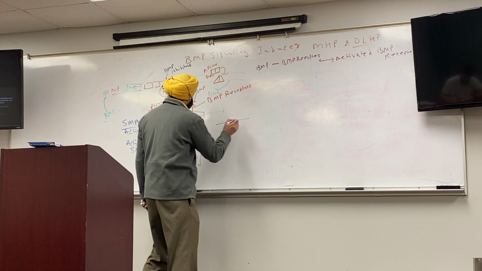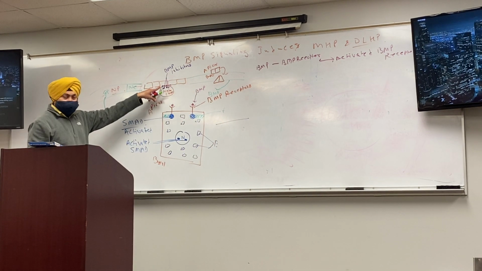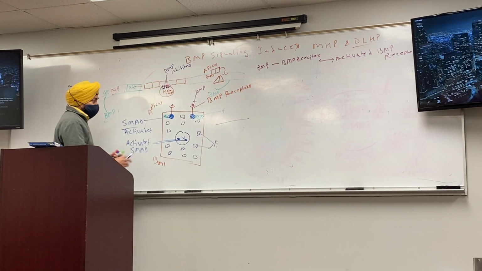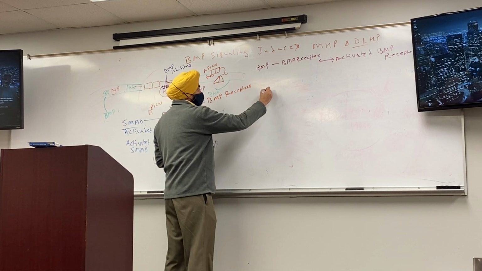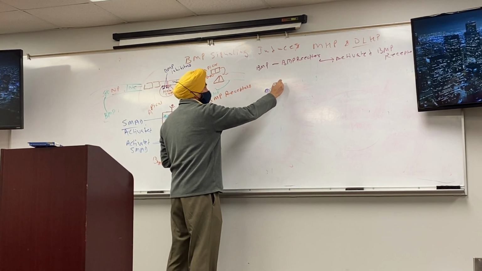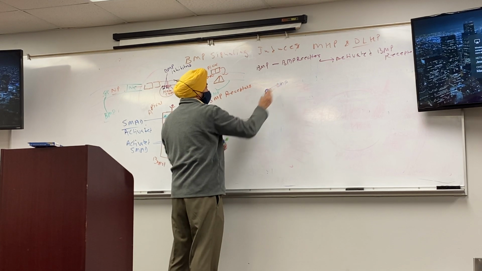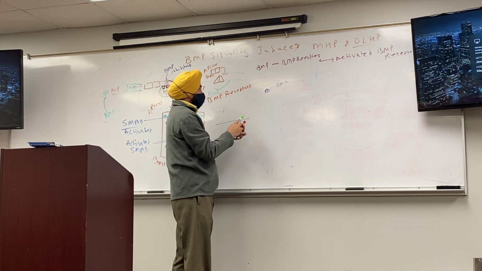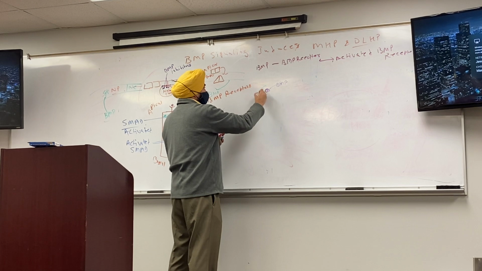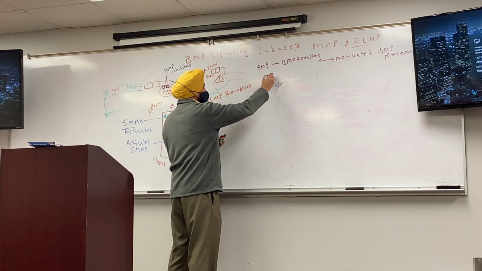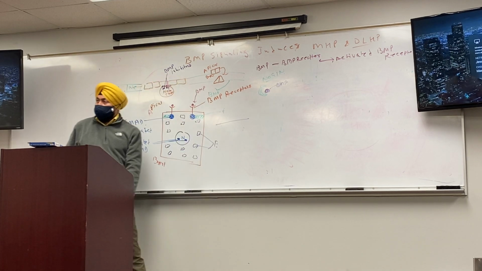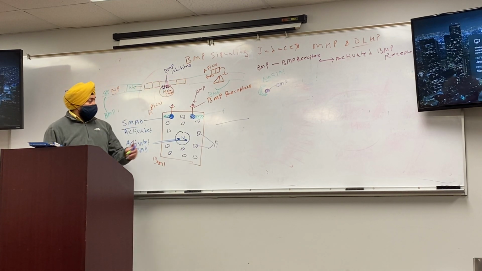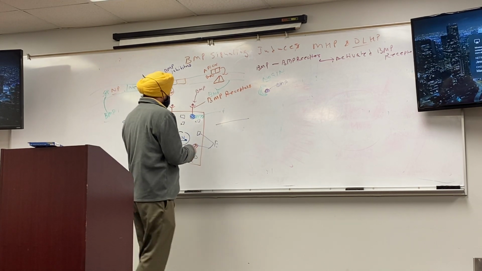So if the BMP inhibitor is there, what is going to happen? So this is the BMP molecule, and then the BMP inhibitor, for example, say here is Noggin. So if that is there, then what is going to happen?